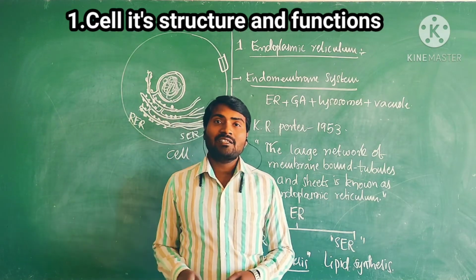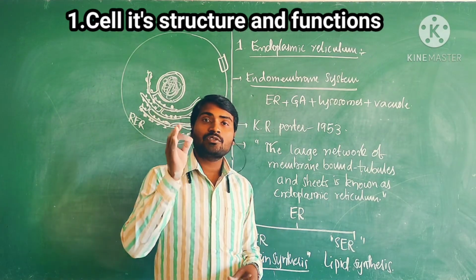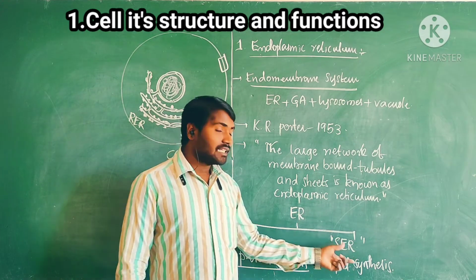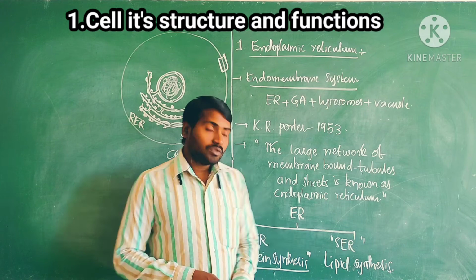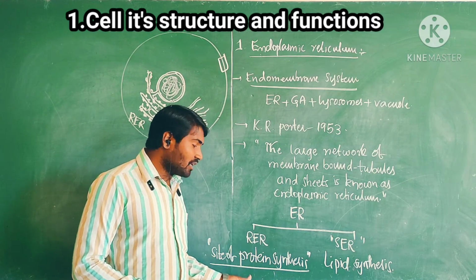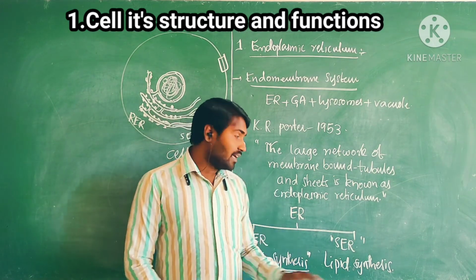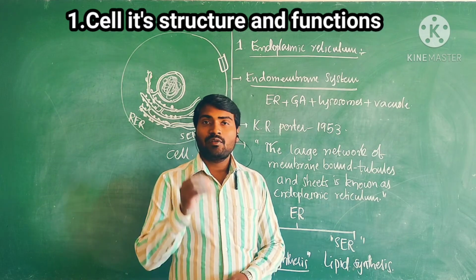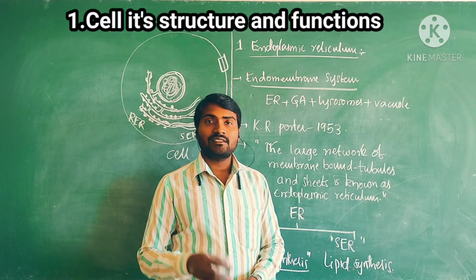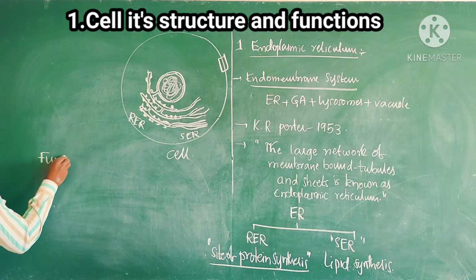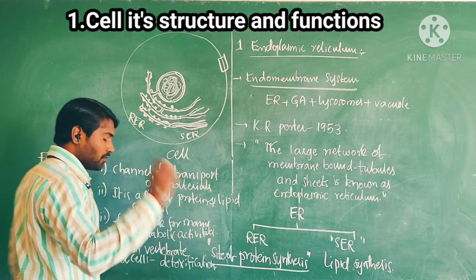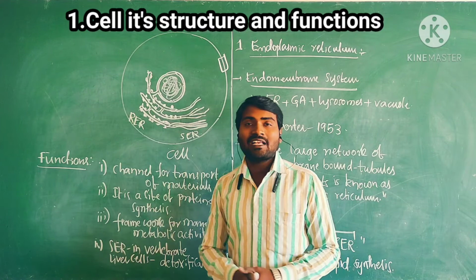In rough endoplasmic reticulum, ribosomal granules are present on its surface, whereas they are absent in smooth, hence it is very smooth. Rough endoplasmic reticulum is involved in protein synthesis, whereas smooth endoplasmic reticulum is involved in lipid synthesis. I will make these up as functions.